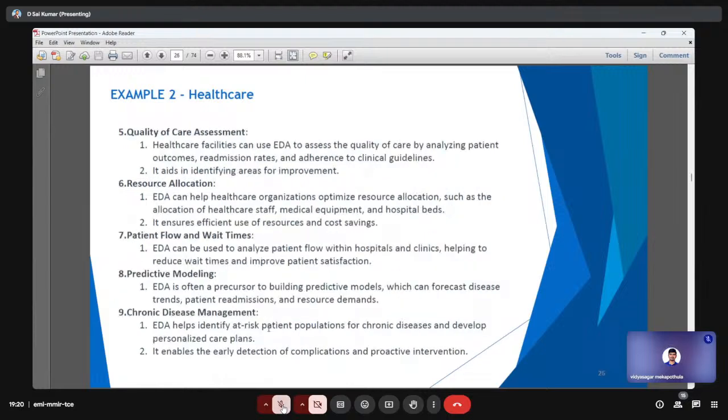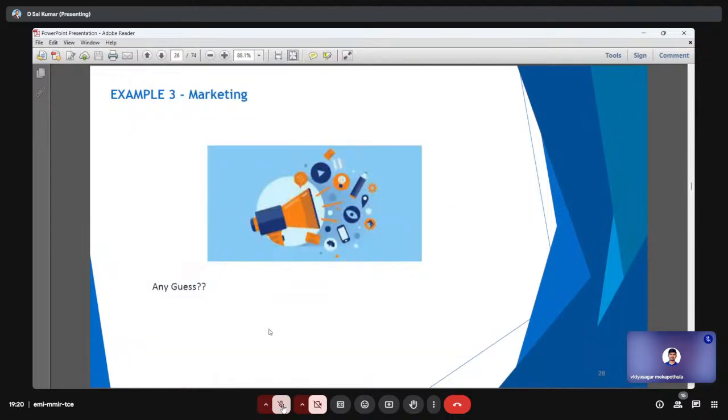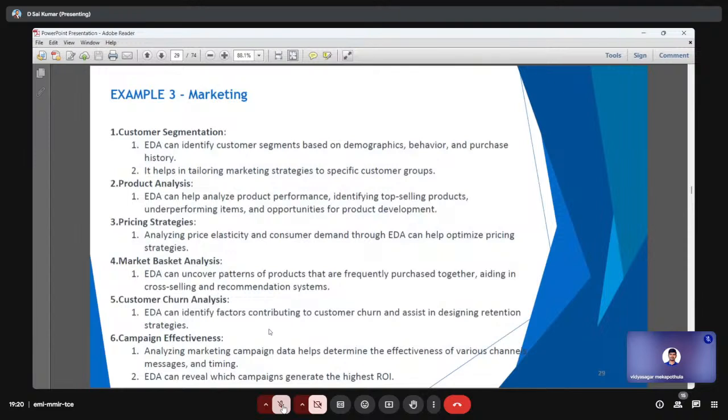So that is how, even specific to healthcare, in every field we try to use this exploratory data analysis. These two examples, sports and healthcare, and even marketing, have several stages where we use exploratory data analysis, like customer segmentation.